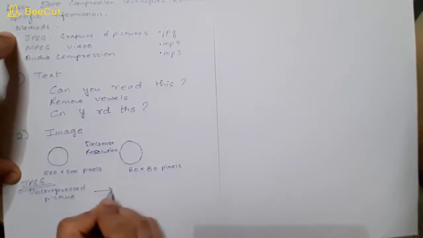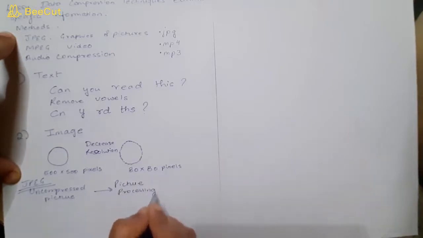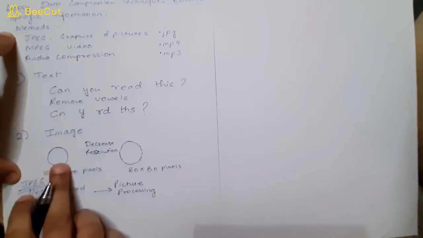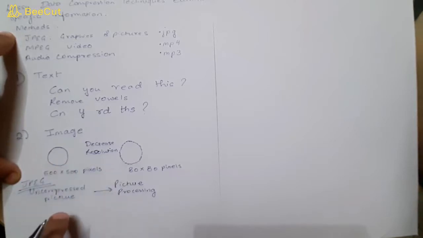First of all, we have to perform picture processing. Now what is this picture processing? Your picture is divided into 8x8 pixel square blocks. To decrease the number of calculations, whatever image you have taken will be divided into 8x8 pixel square blocks.